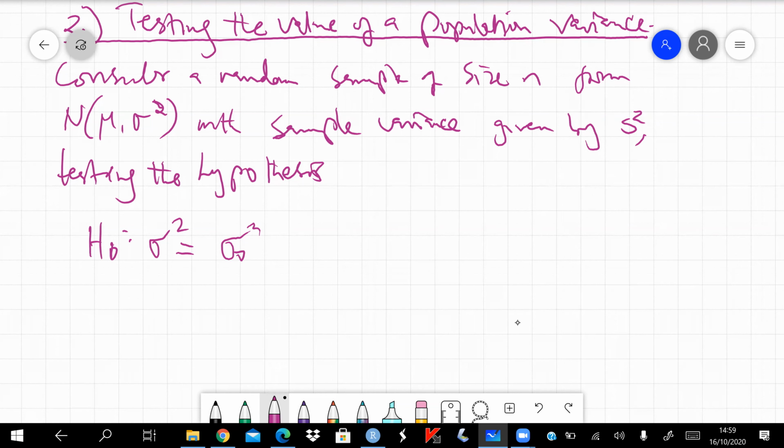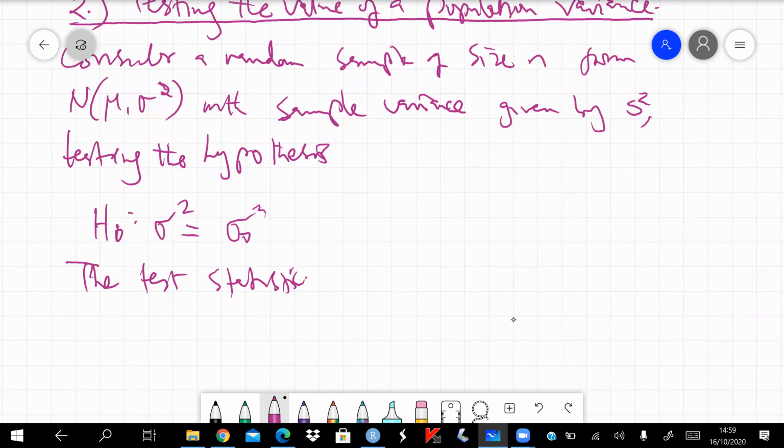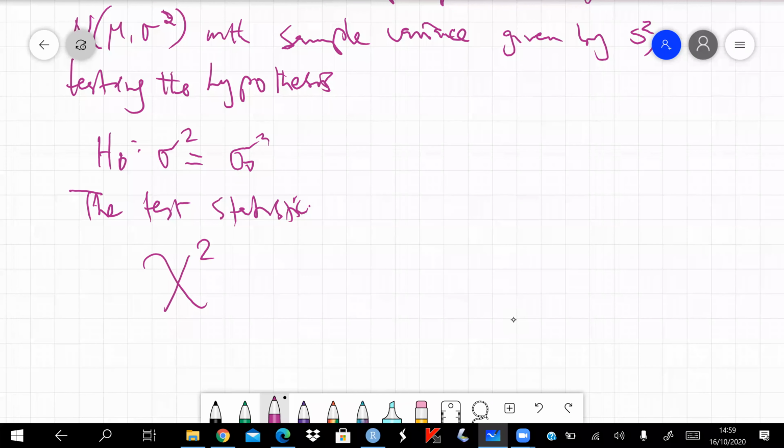Then the test statistic in this context will be chi-square, given by n minus 1 times the ratio of s squared divided by sigma naught squared. So we have that statistic, where the degrees of freedom will be n minus 1.